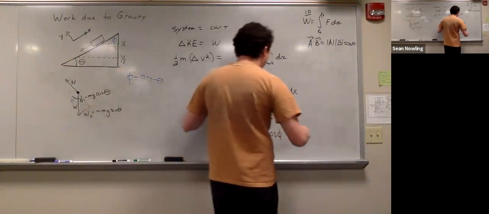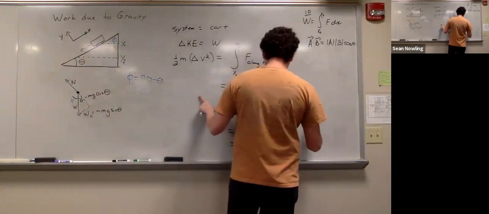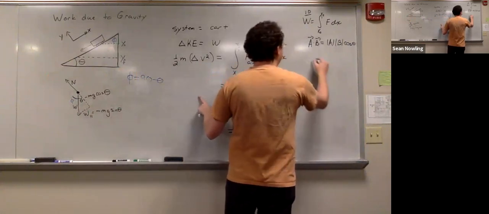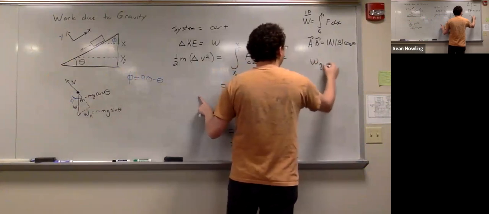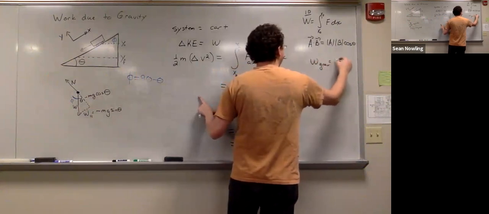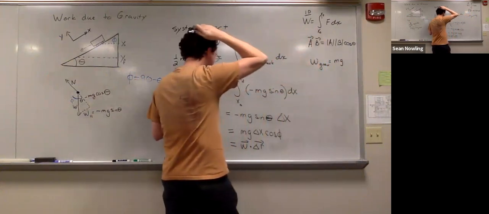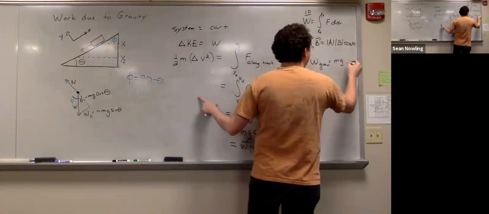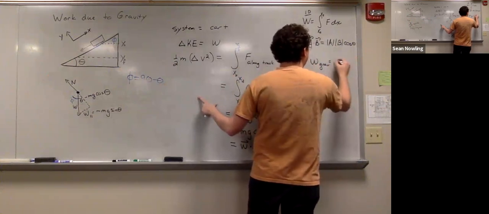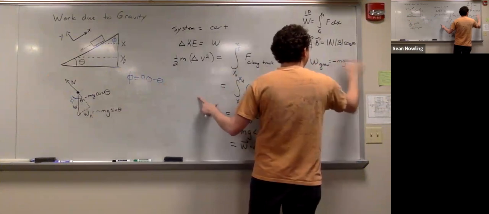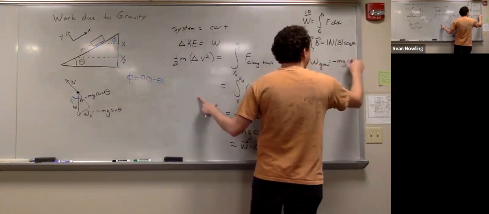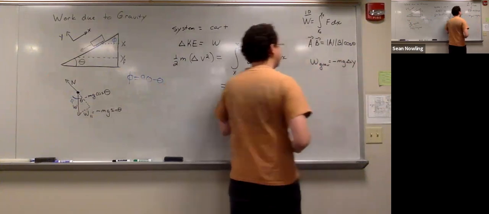So for gravity, there's another way you can write this, which simply says that the work due to gravity equals minus mg times delta y, the change in height.